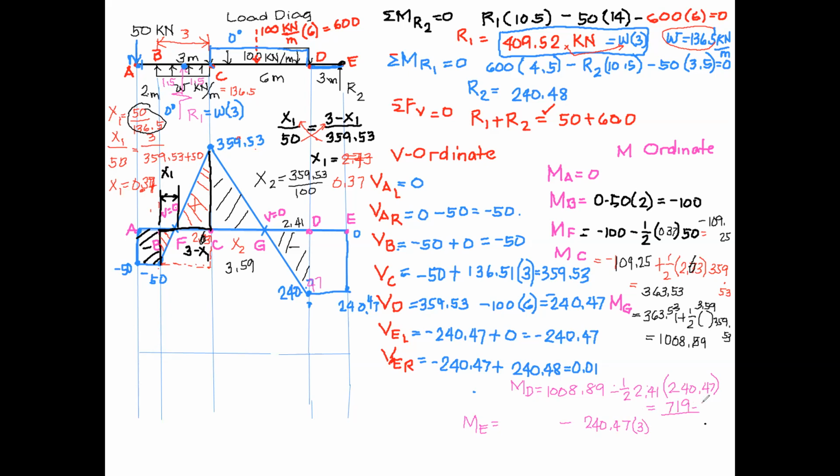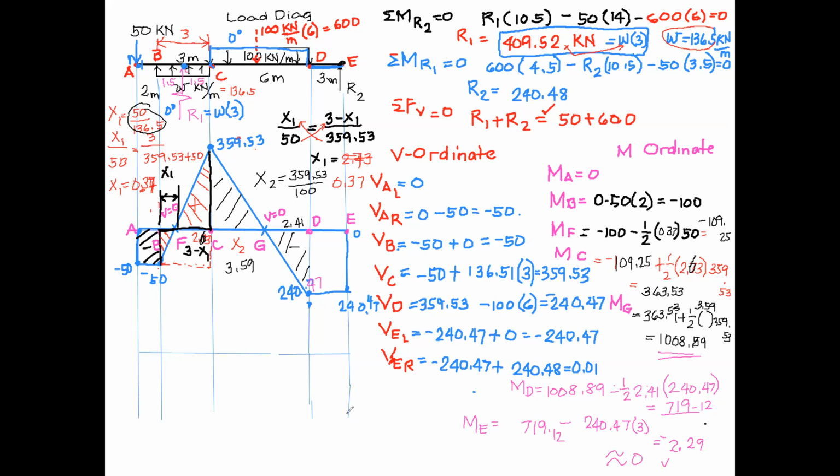Pareho ba? Yes po, ma'am. 719.12 minus 240.47 times 3. Okay, may error tayo na negative 2.29. For our error, it is very small kasi ang laki naman ng ating maximum moment, 1,000 naman. So we can just consider it very near zero. Approximately zero, okay na yan.